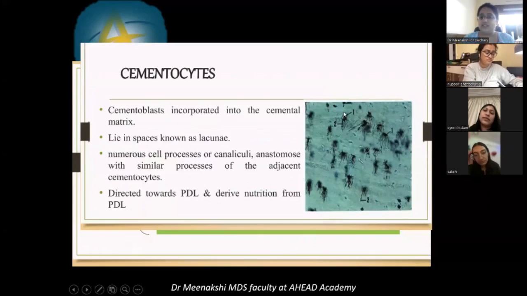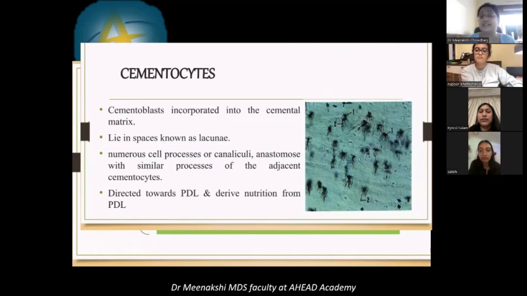So cementoblasts, you can see these dark bodies with these hairs turned to only one side. That means they are depositing the cementum on this side where my arrow is. If these bodies were on the vice versa side, cementum would have been deposited there. These are nothing but canaliculi. They are also located in lacunae, like the bone-forming cells in the bone. Cementocytes are incorporated into the cemental matrix, proteoglycans, organic matrix substance.